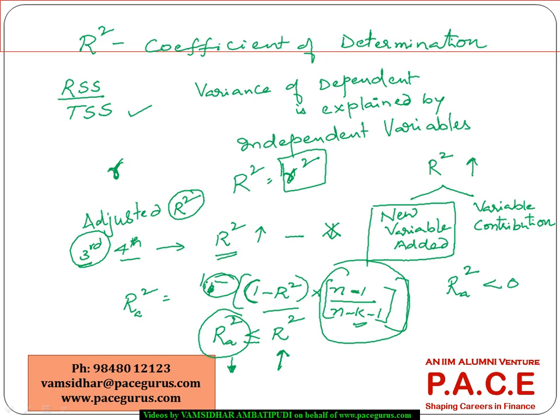We have to be slightly careful, because in general people think that because it's a squared quantity it can never be negative. But remember, R squared is a direct squared quantity, but adjusted R squared involves subtractions and arithmetic done on the R squared, so it can very well have a negative value. Especially if the R squared is very, very low, and the number of independent variables is very high, there is a good chance that adjusted R squared can go negative.